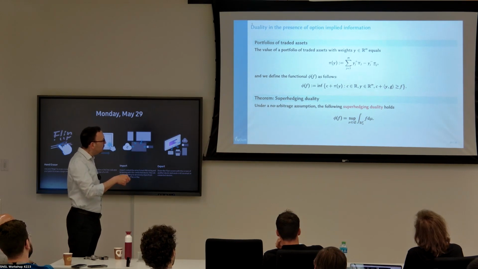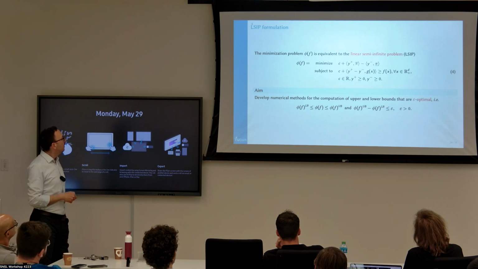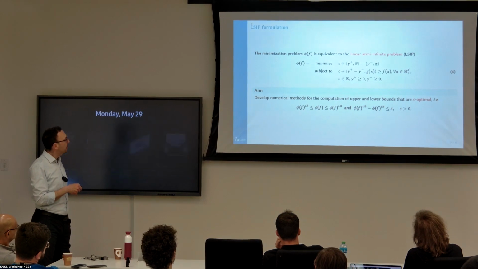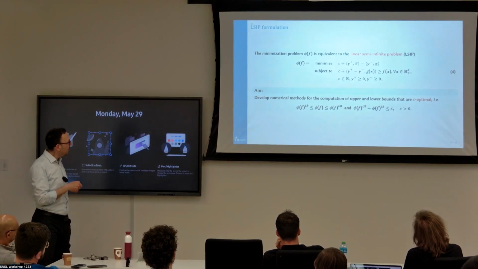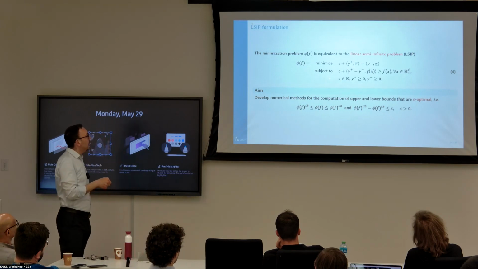Here we are trying to minimize subject to the C, which is a real variable, and the Y, which is just a vector. Okay, so this minimization problem you can write as a linear semi-infinite problem. So you have a linear objective function that you are trying to minimize, and you also have infinitely many linear constraints. Okay, this is the meaning of linear semi-infinite program.